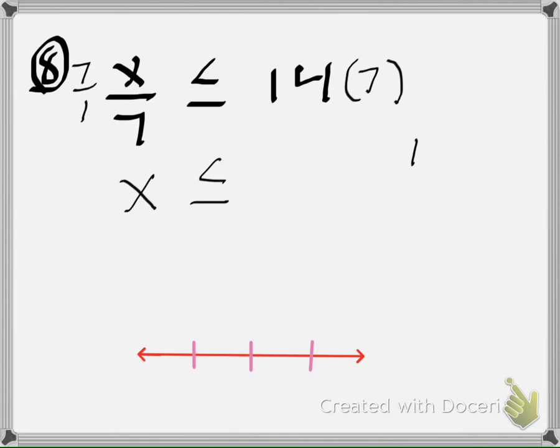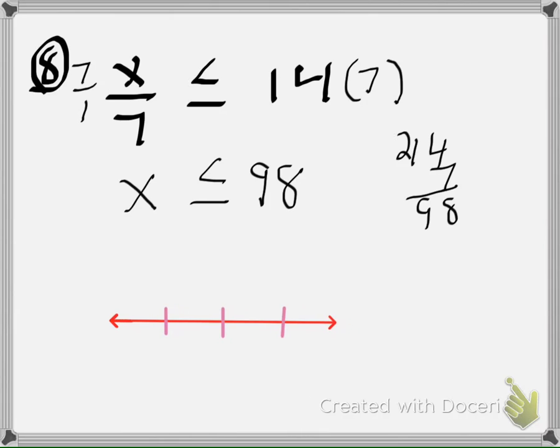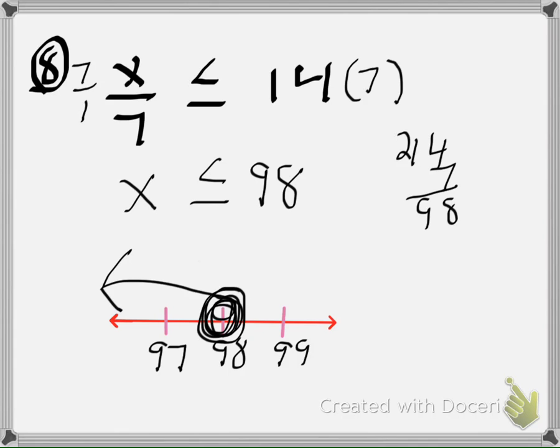And 7 times 14. 4 times 7 is 28. 7, 8, 9, 98. I'm going to bring this number line up a little. It's too close to the bottom of my screen. So then we have 98, 99, and 97. x is less than or equal to, shading to the left. Okay, done.